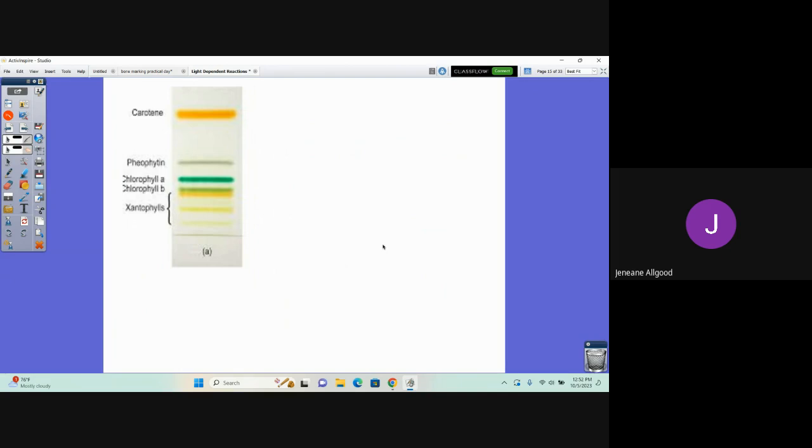Yellow. All right, remember we said yesterday that chlorophyll A would be kind of a blue-green color? Chlorophyll B, we said olive green. And then I don't know if you'll see pheophytin, that is the primary electron acceptor. Carotene usually gets pretty far. And then xanthophylls are usually toward the bottom.